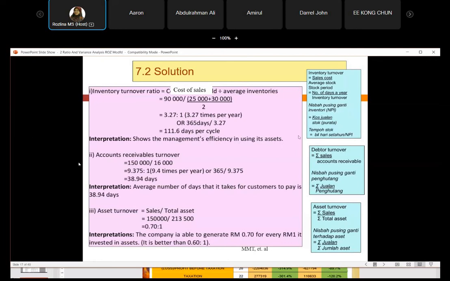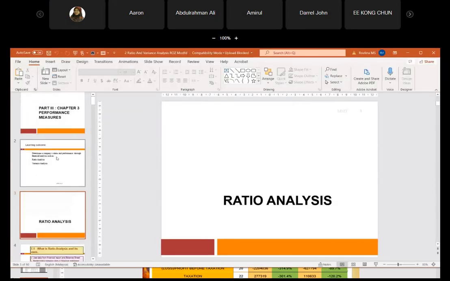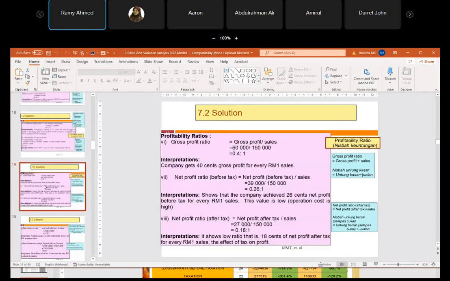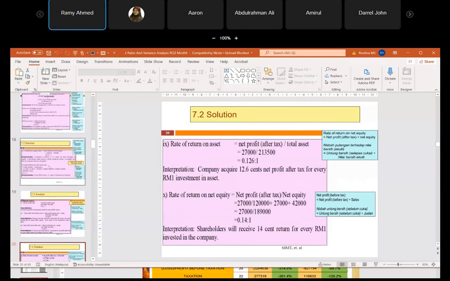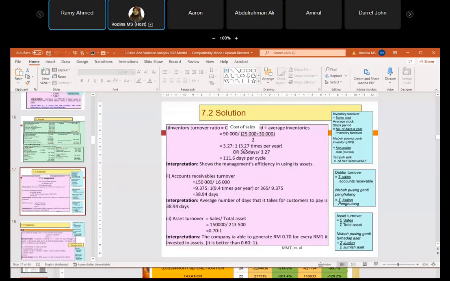For the approximation of the days, for example if it is 111.6, do we make it 112 or keep it as it is, or increase or subtract 1 day? Just make it like this.